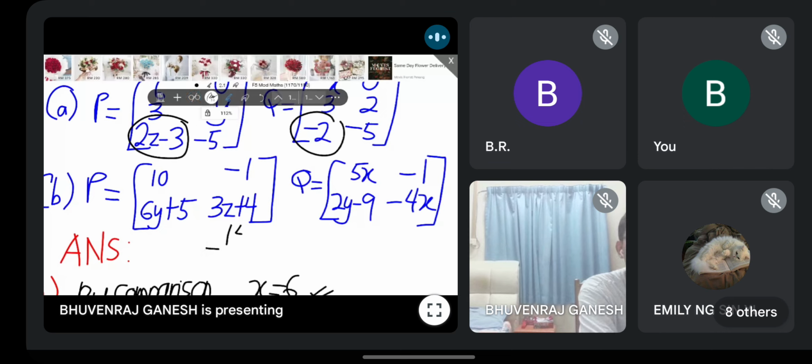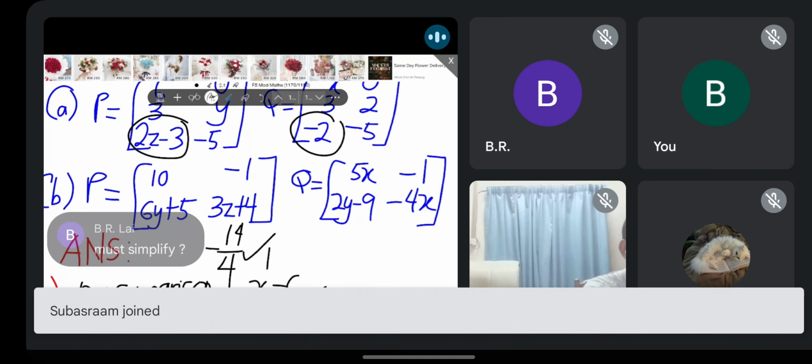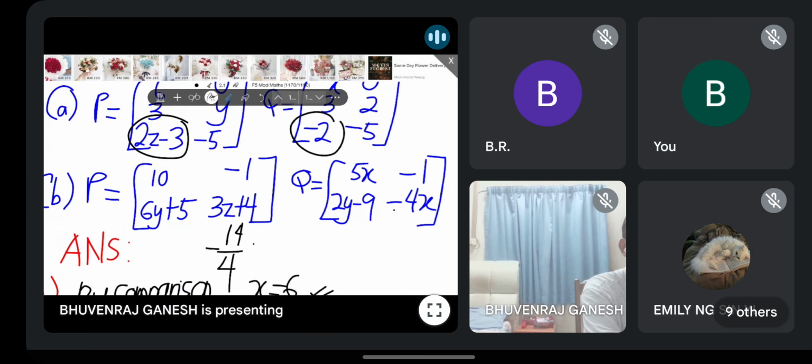But guys, if you give this kind of answer in the exam, is it correct? Do you think it's correct? Will it be given a mark or not? Not about the decimal, something else. Anyone know? Yes, correct. Guys, remember, every answer in maths, setiap jawapan dalam matematik kena dalam bentuk termudah.